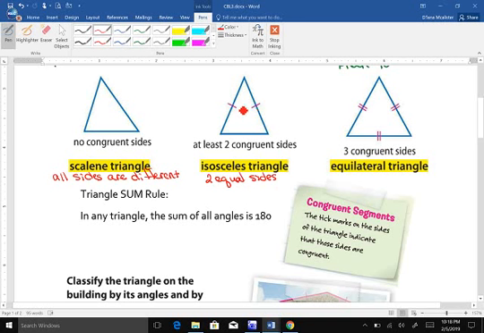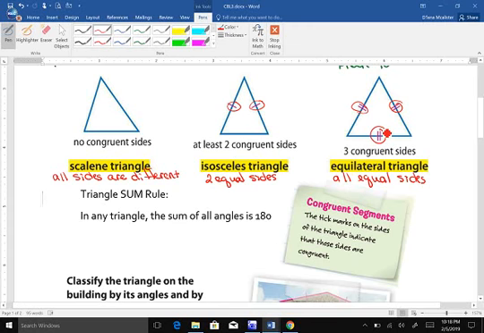The two congruent sides are indicated using the lines of congruency. Equilateral triangles means that it has all equal sides. These are also indicated with lines of congruency.